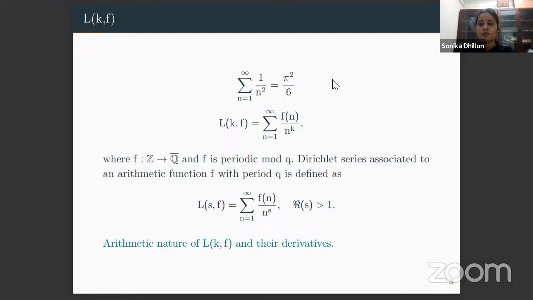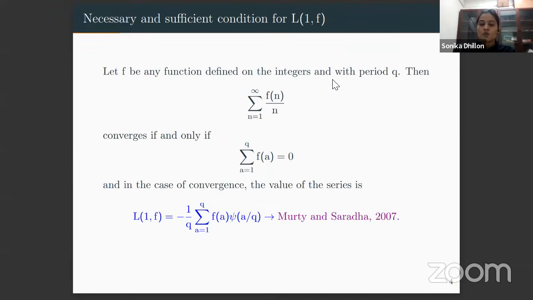In this talk, I'll be focusing more on the case when k is equal to 1. The case when k is equal to 1 was thoroughly studied by Murty and Saradha in 2007. They proved that if you take f to be any periodic function with period say q, then the series summation f(n) by n will converge if and only if the residue is equal to 0, because at s equal to 1 we have a pole.